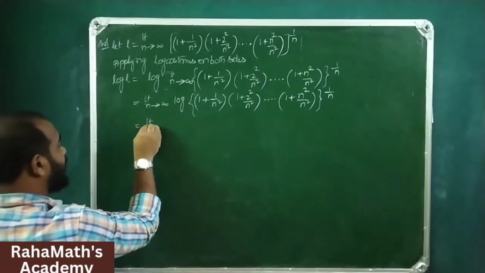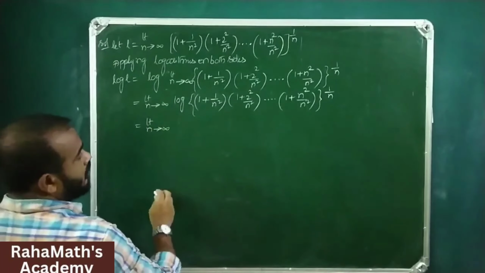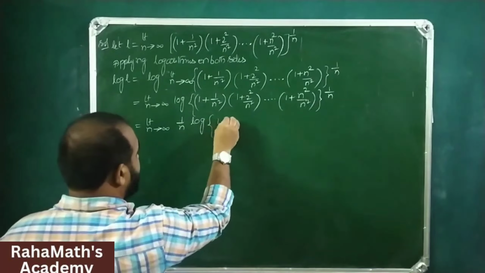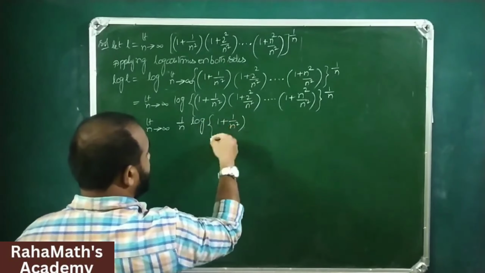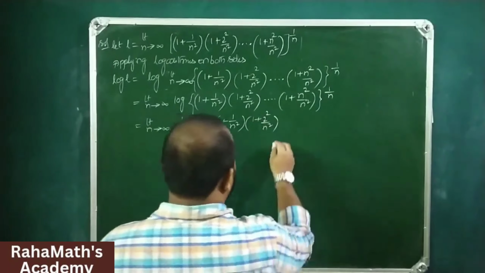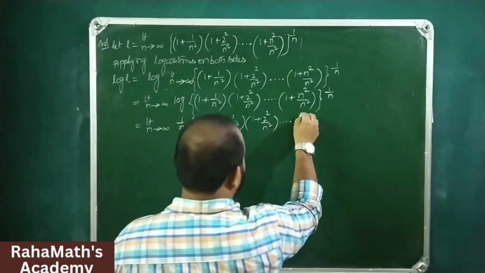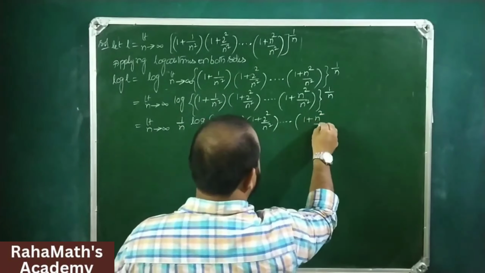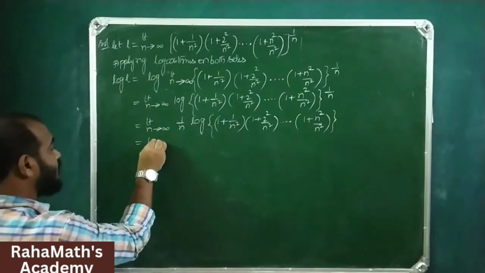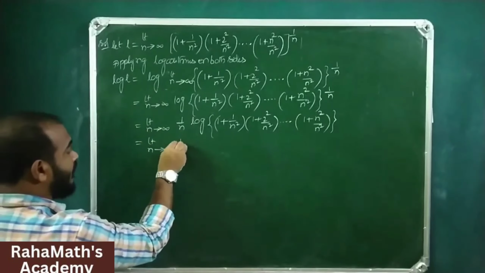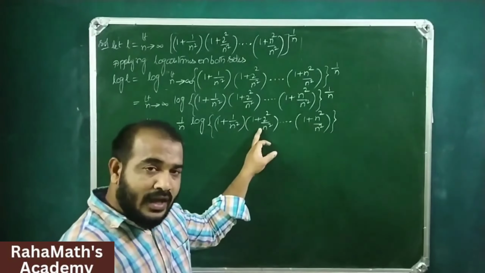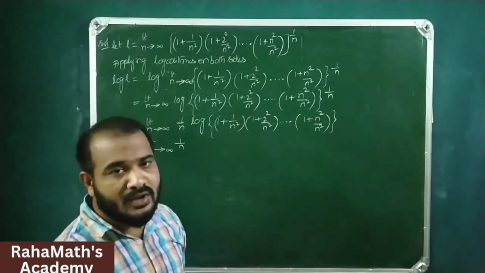So limit n tends to infinity 1/n log of (1 + 1/n²)(1 + 2²/n²) ... (1 + n²/n²). Now, log AB is log A plus log B, and it can be extended to any number of terms.